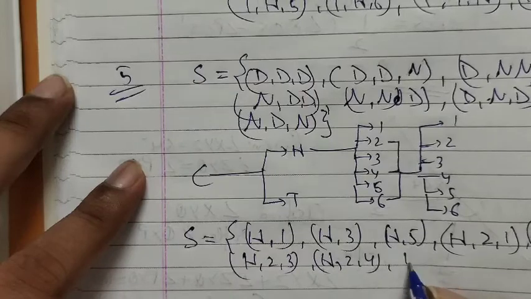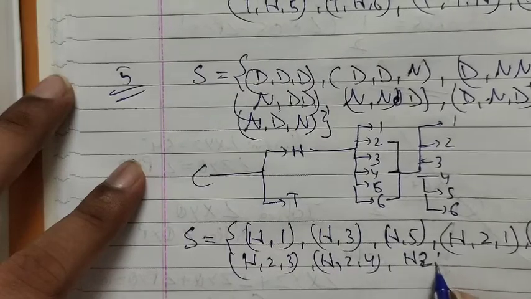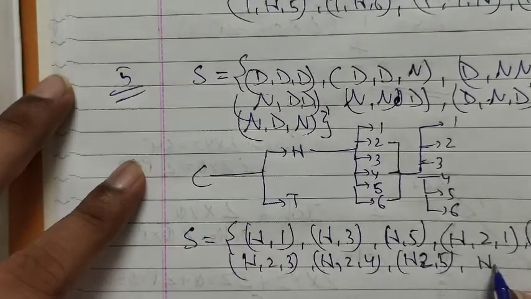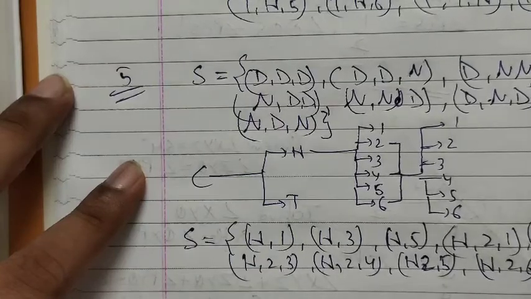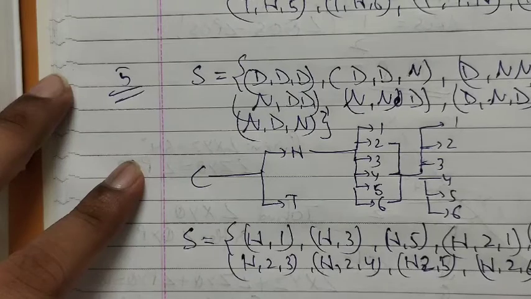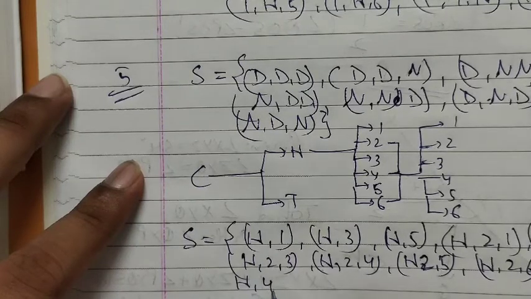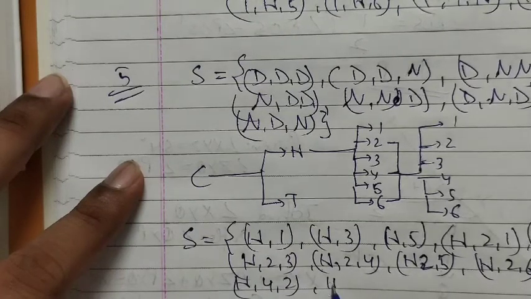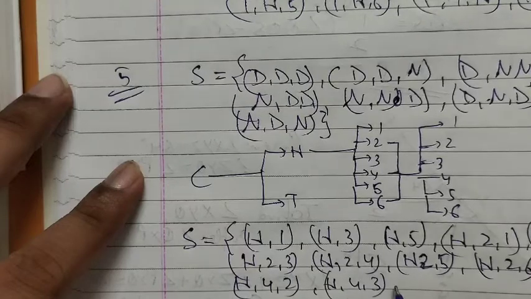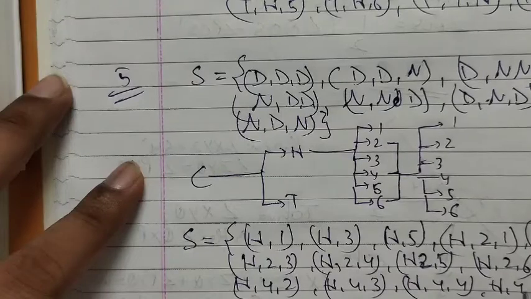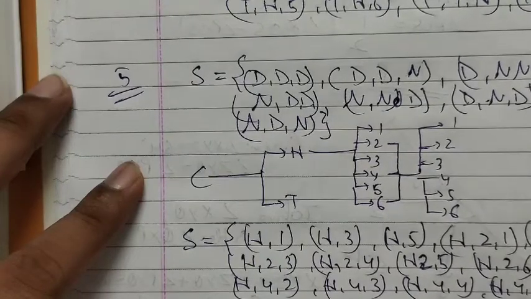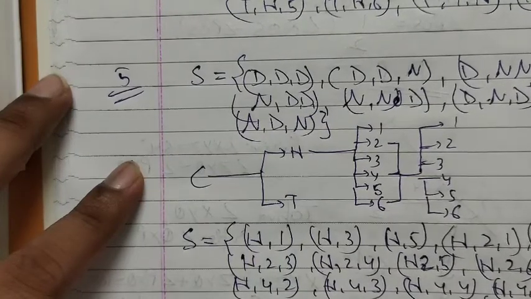head 2, 4; head 2, 5; head 2, 6. Then head 4, 1; head 4, 2; head 4, 3; head 4, 4; head 4, 5; head 4, 6.